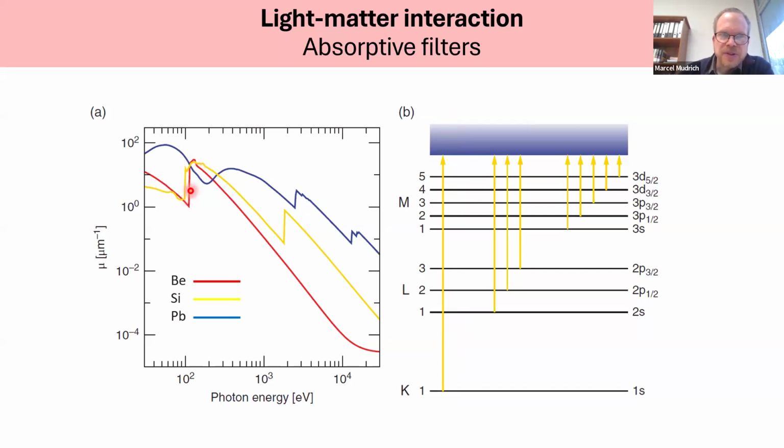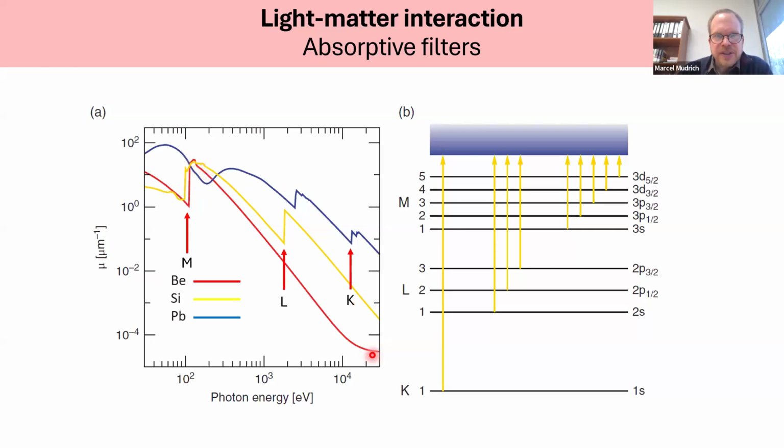So this opens a new channel for absorbing light and undergoing a transition from a bound state into a free ionized state, and therefore the extinction coefficient jumps up because photons can be more efficiently absorbed, and the light gets extinguished.